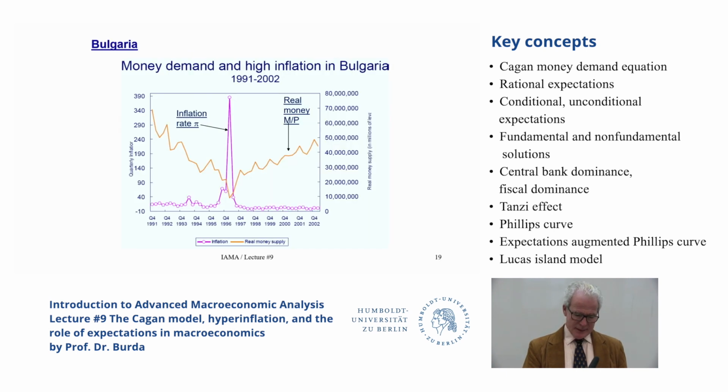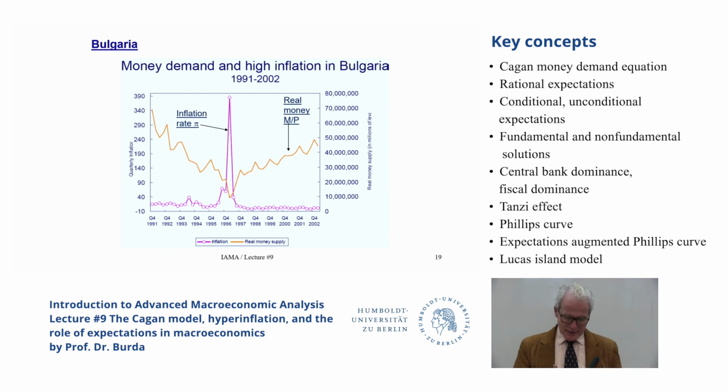Again, the insight of Cagan is to understand a picture like this, which is: why did the price level of Bulgaria spike the way it did? That's easy to understand if you understand that Bulgaria had a planned economy and released a few prices along the way until the mid-1990s, but it was in the middle of a transition from a socialist planned economy to a market economy.